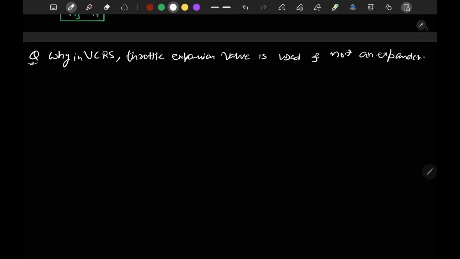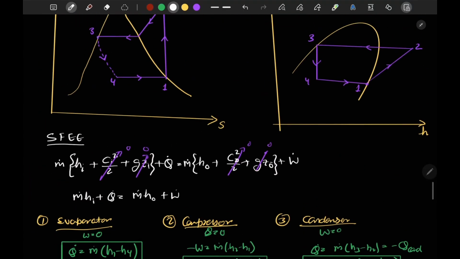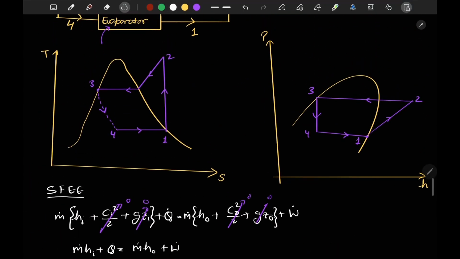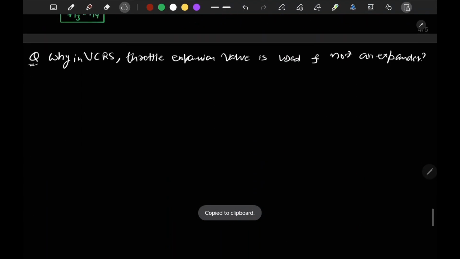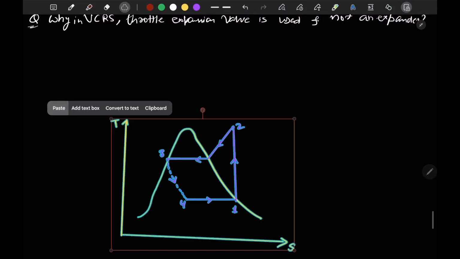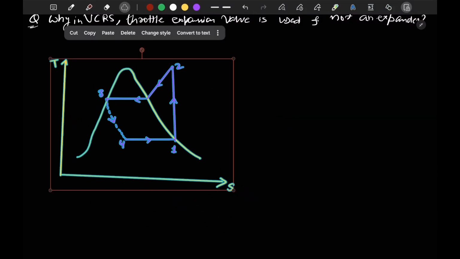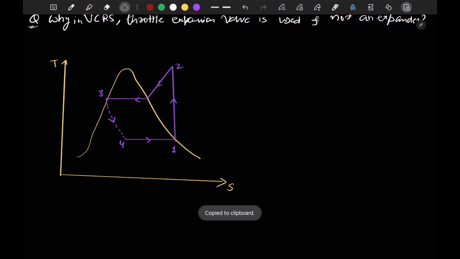Okay, now what we will do, we will make both diagrams here. Let me copy it from here first. So this is our TS diagram with throttling.